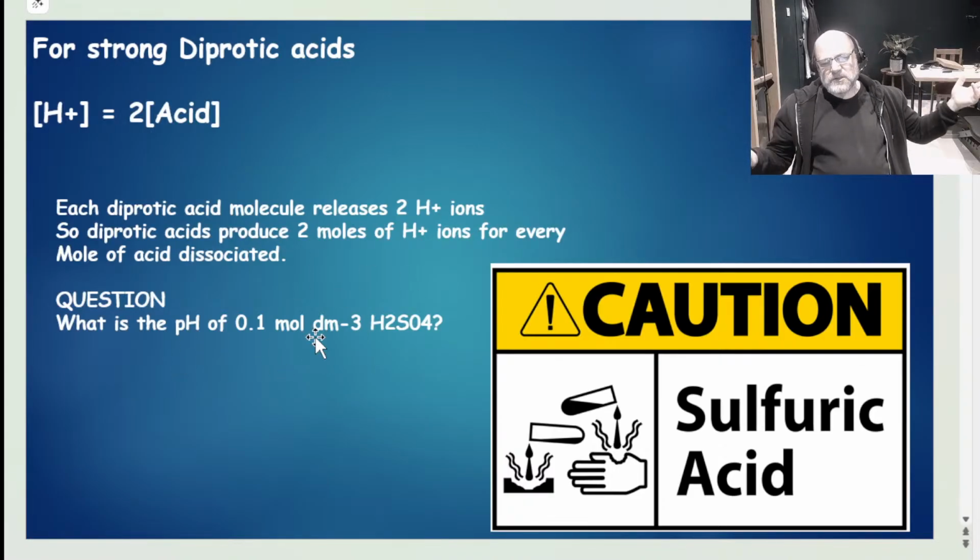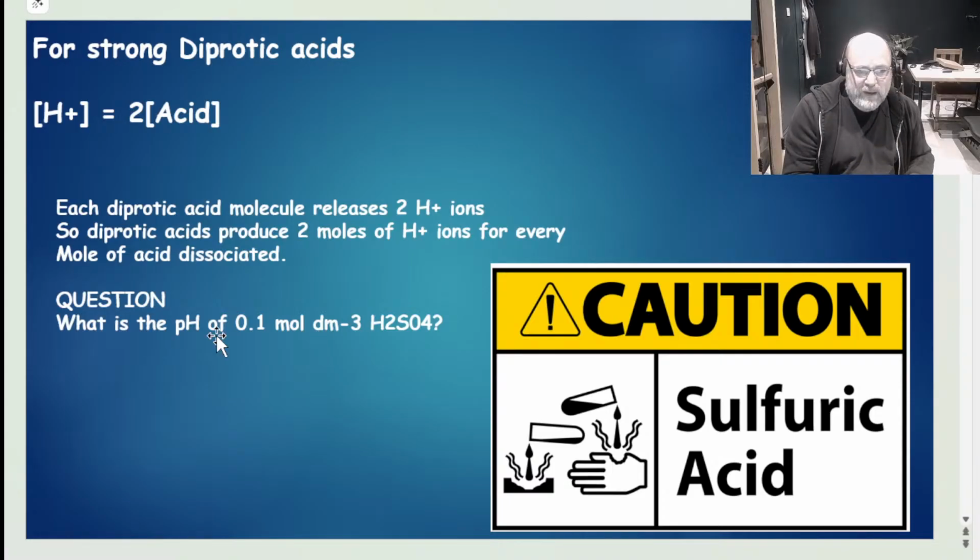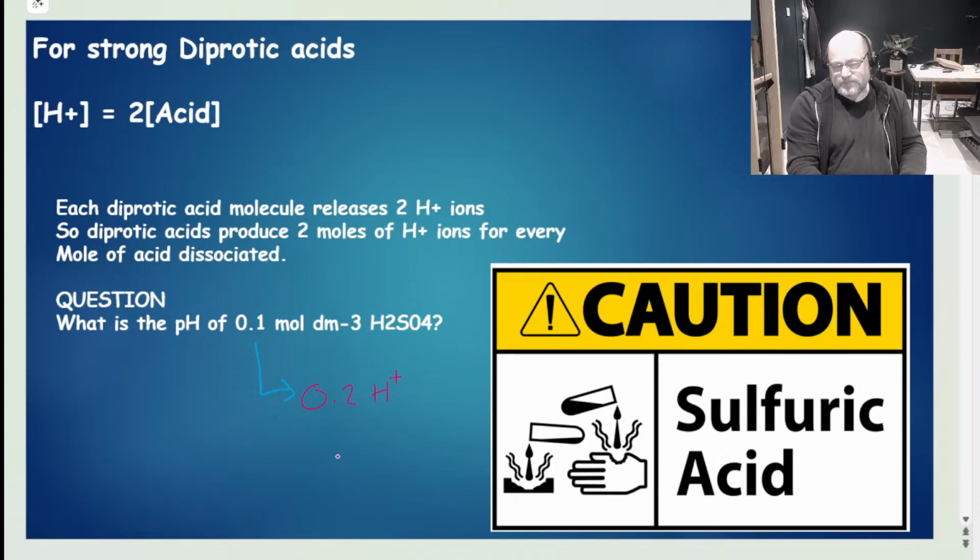So what is the pH of 0.1 of this? If I've got 0.1 moles of sulfuric acid, what's the pH going to be? 0.2 will be my hydrogen ion concentration. So I'm going to want to go minus log 0.2.